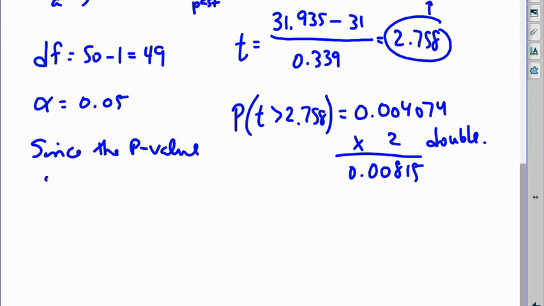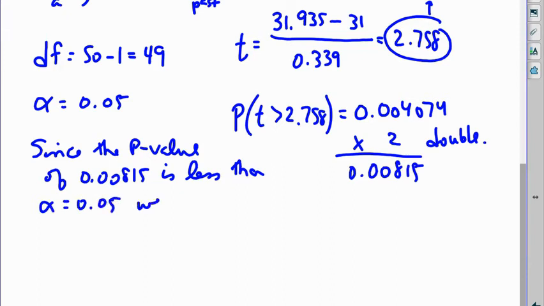Since the p-value of 0.00815 is less than alpha equal 0.05, we reject the null hypothesis.